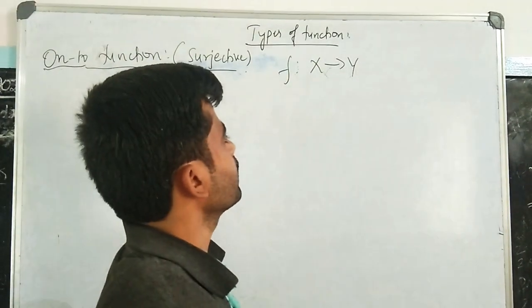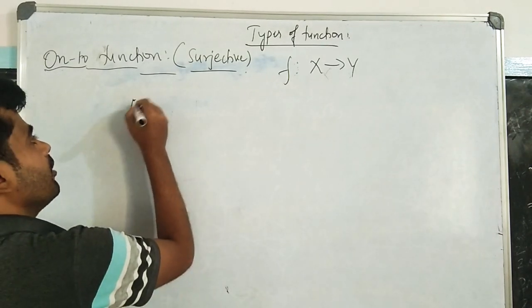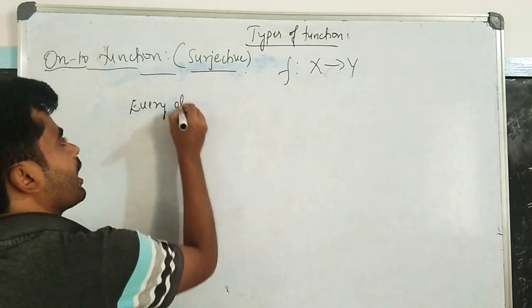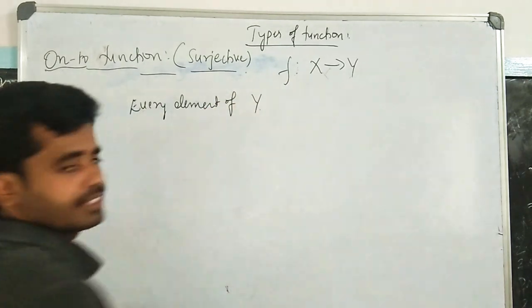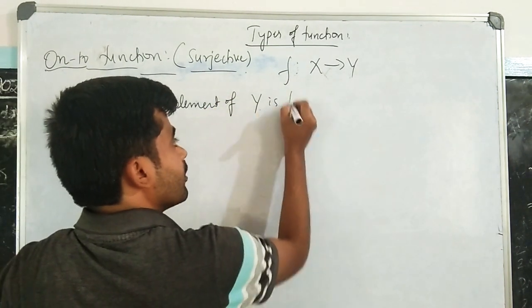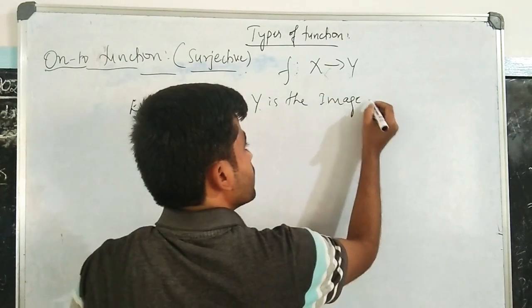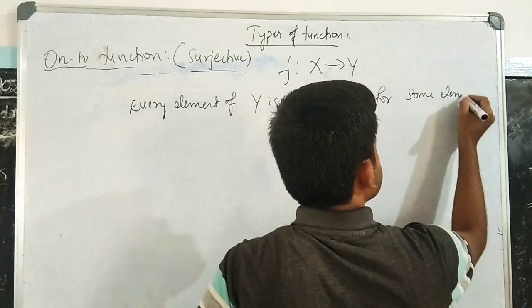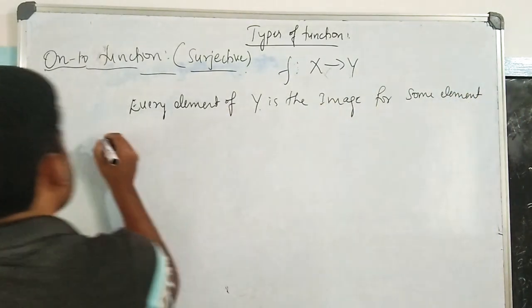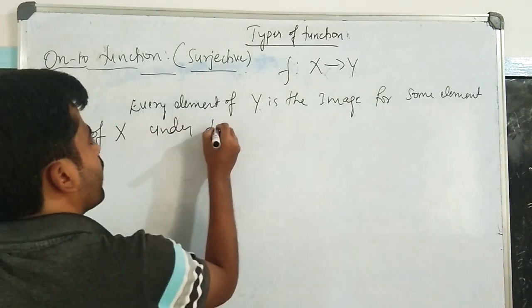Here something is wrong. Here every element of Y is the image for some element of X under f.